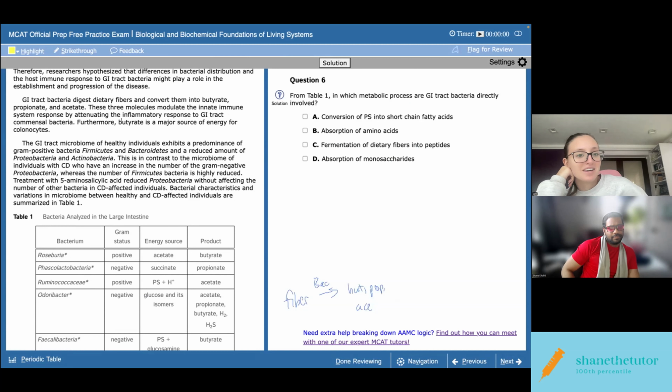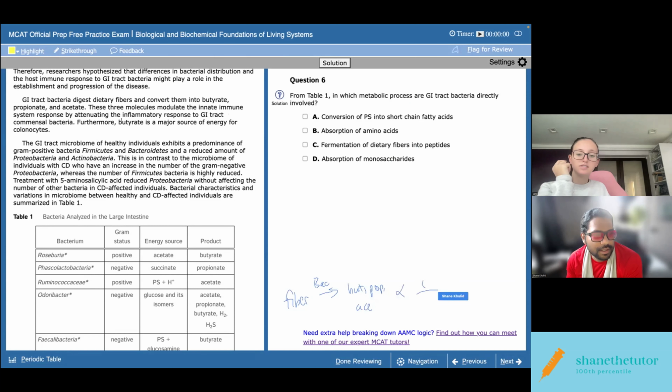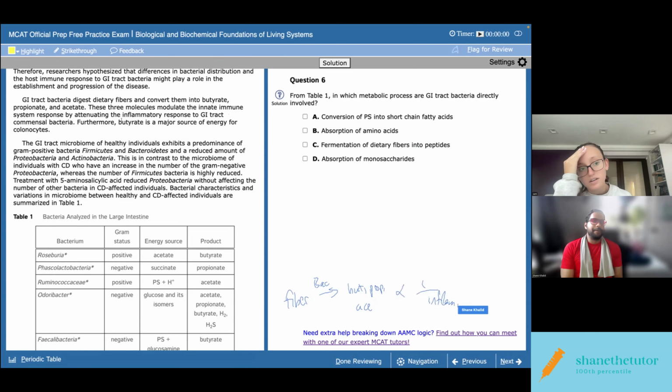So they make sure that everything is working properly in the immune system response. And if there's a certain bacteria that causes a lot of inflammation, they'll handle it. Yeah. So I would maybe say inversely proportional to inflammation. Okay. Good. Furthermore, butyrate is a major source of energy for colonocytes, which is probably some sort of bacteria in the gut microbiome. They'll probably ask something about that.